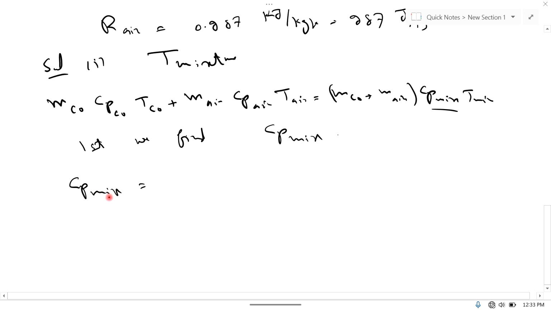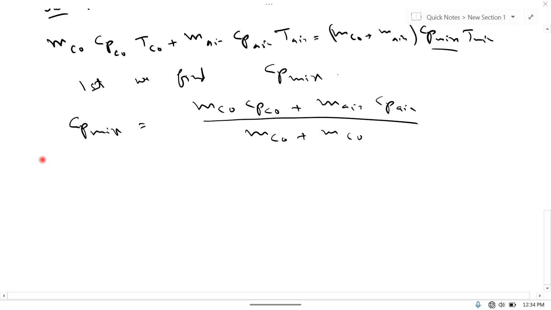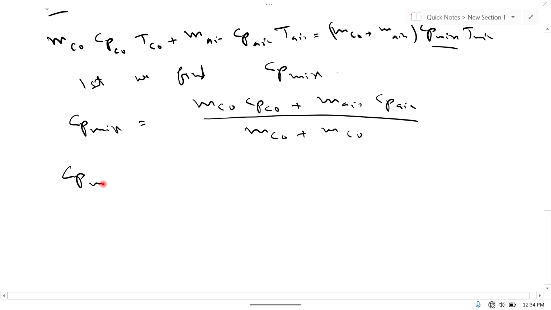So Cp of the mixture is equal to: there are two gases in the mixture, one is carbon monoxide and the other is air. So mass of carbon monoxide multiplied by Cp of carbon monoxide plus mass of air multiplied by Cp of air, divided by total mass of the mixture.